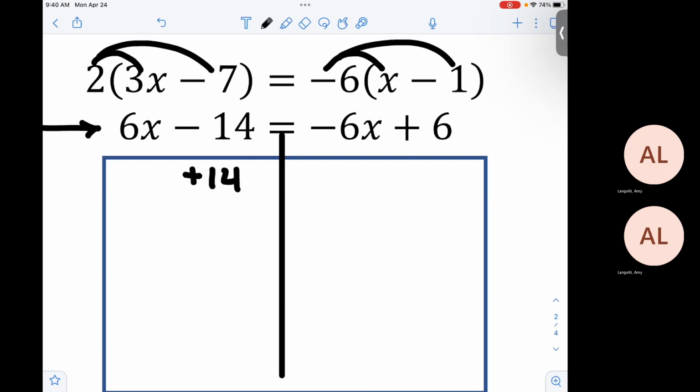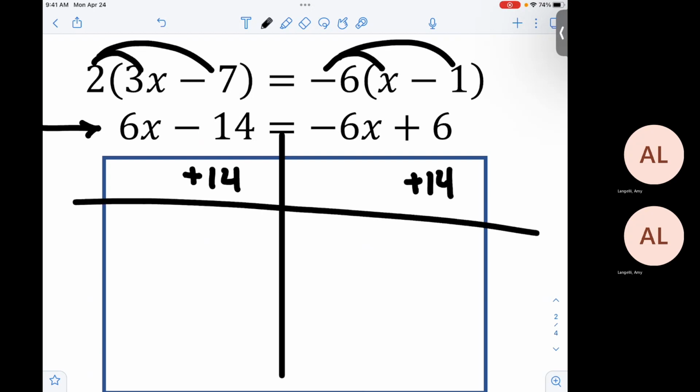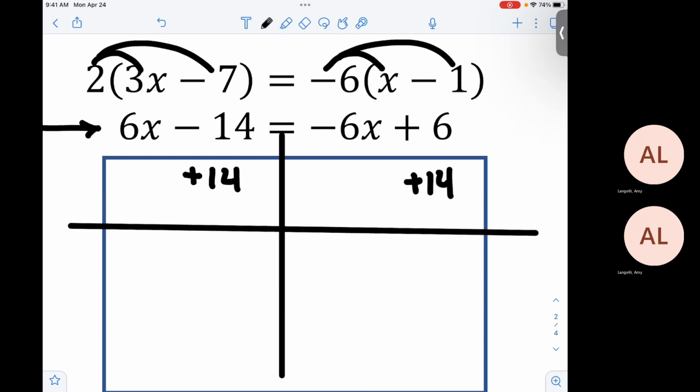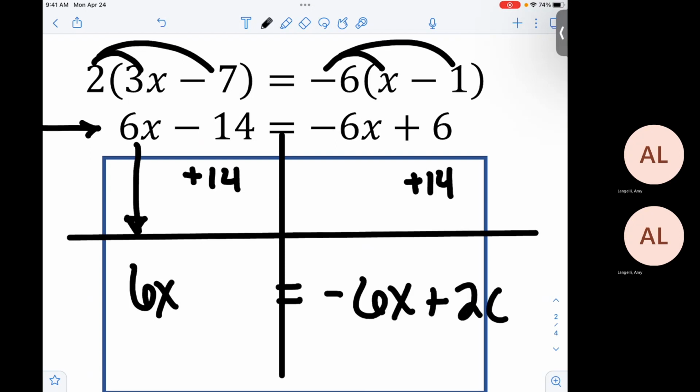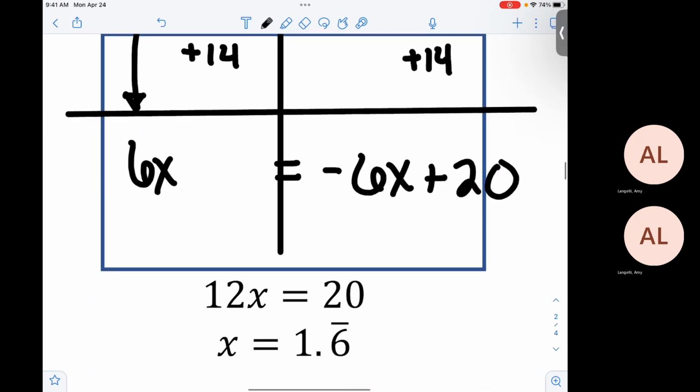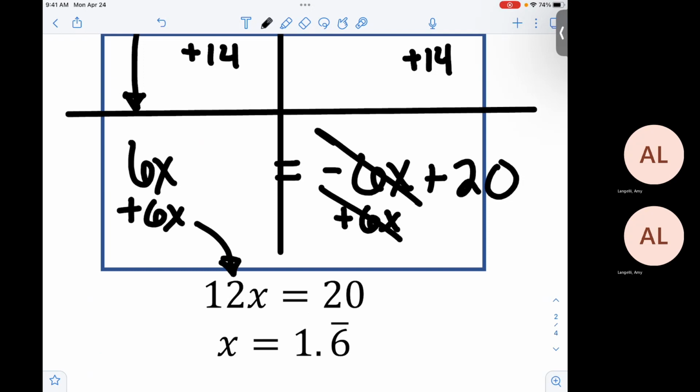Good. And what do we get if we add 14? Start on the left. Good. Now I'm going to scroll down a little more. What would the next step be? Good. Add the 6x. And that's how they got 12x. And that's how they got 20.